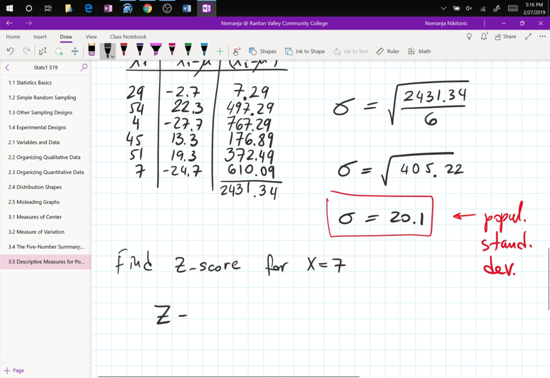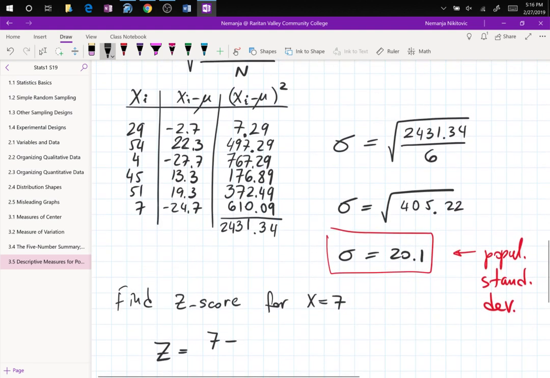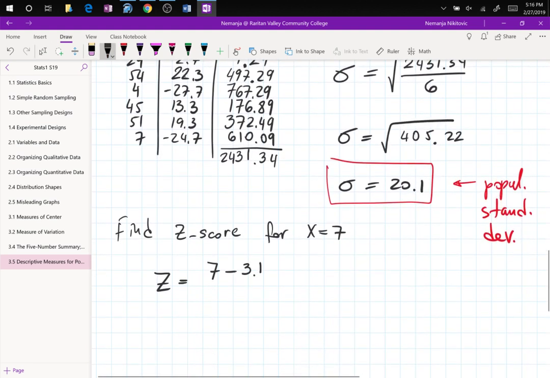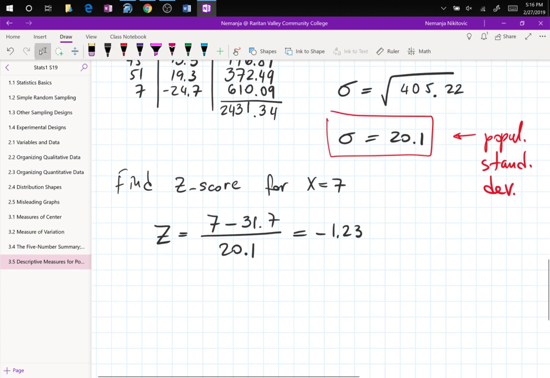So z-score for x equals 7 is 7 minus the mean, and the mean was 31.7, divided by 20.1. And what is this value? It's going to be negative, obviously. 1.23. Now I need to write the meaning for this, and we're done.